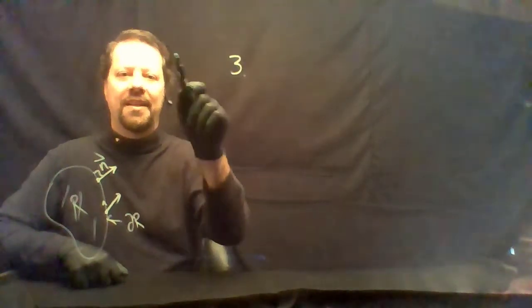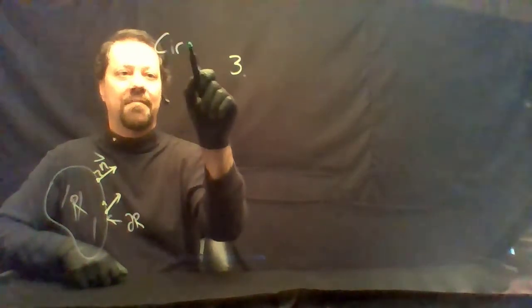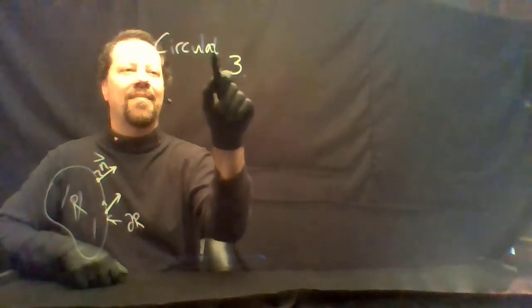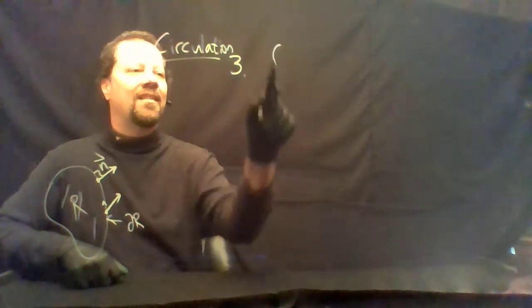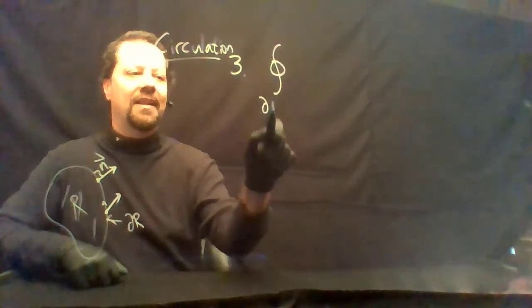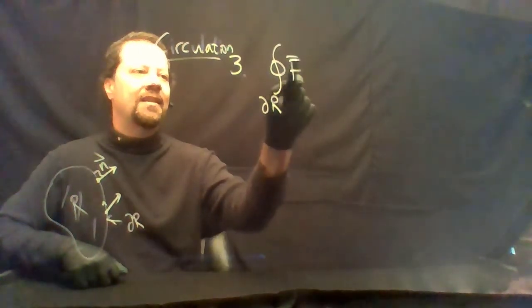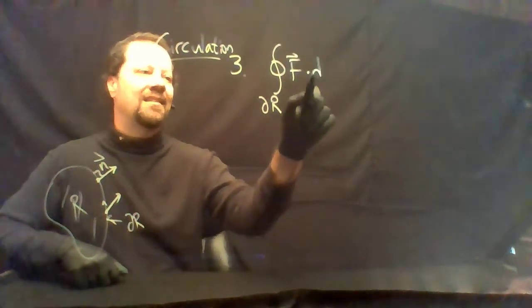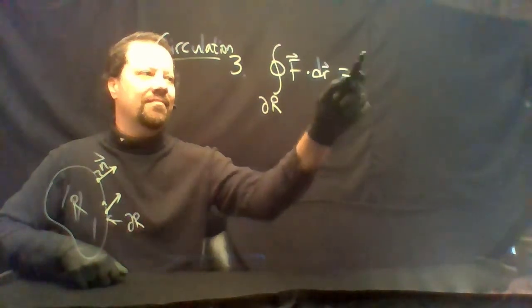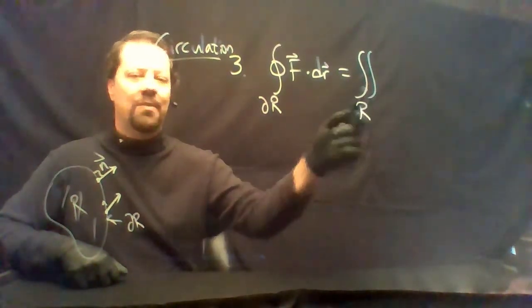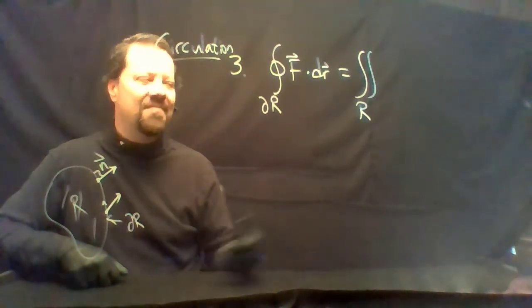The third version is the circulation version. Recall that you calculate the circulation of a vector field in a region by calculating F dot dr. And again, for emphasis, we'll put the double integral on the right-hand side.